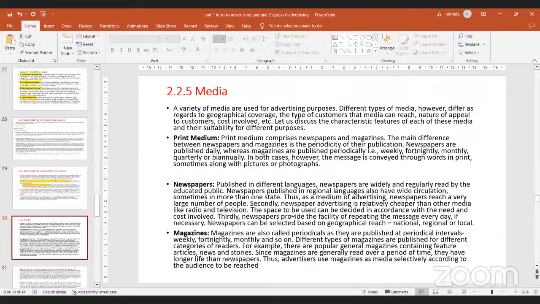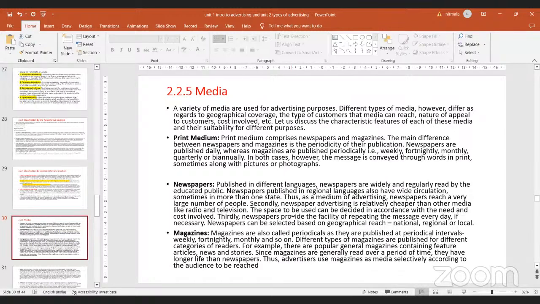Then you will also have magazines like fortnightlies, weeklies, monthly, quarterly, or biannual magazines. Again, print mediums like newspapers and magazines, based on the language, you may have Hindi, English, regional languages, whatever it may be.